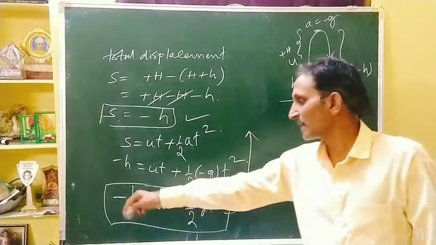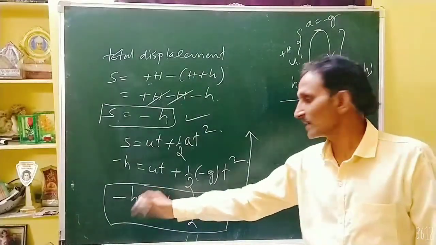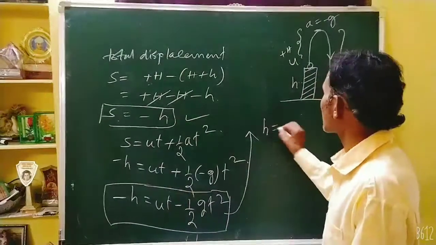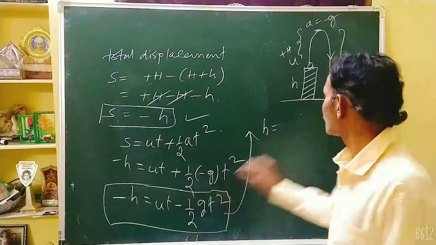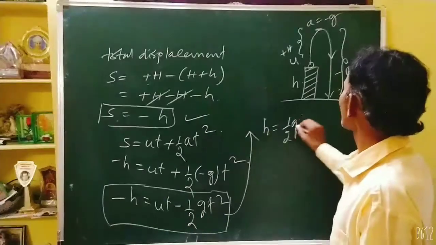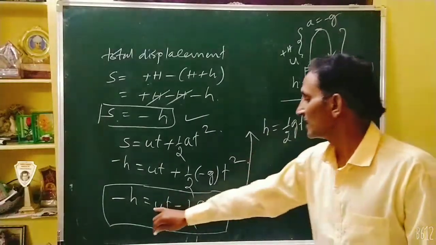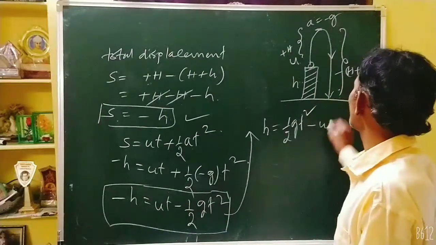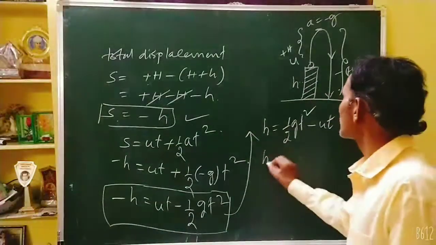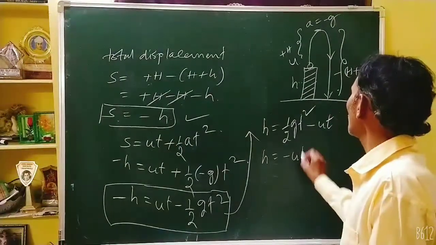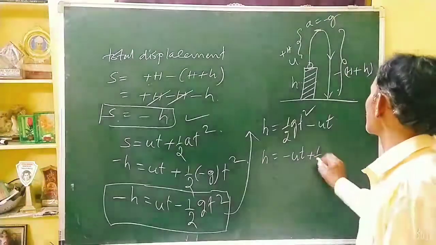If you take out the minus, the minus becomes plus half g t square, and here we get minus ut. So in another form we can write h is equal to minus ut plus half g t square.